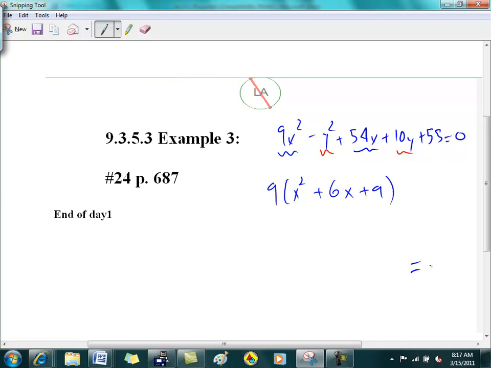On the other side, I've got minus 55 plus 81. Then the red stuff, I'm going to take a minus sign out there. I get y squared plus 10y. And what do I get inside here? What do I add? 25. So notice what I've done.